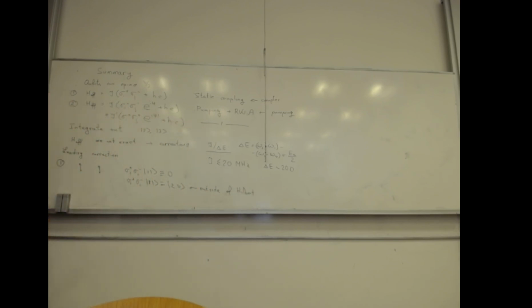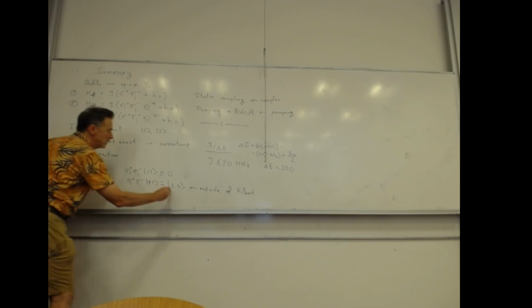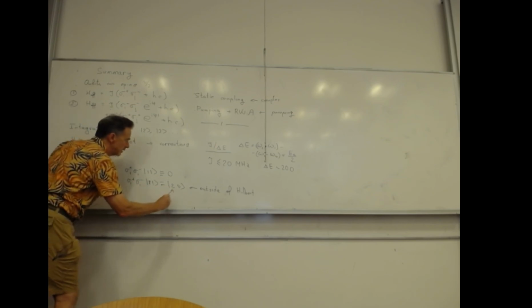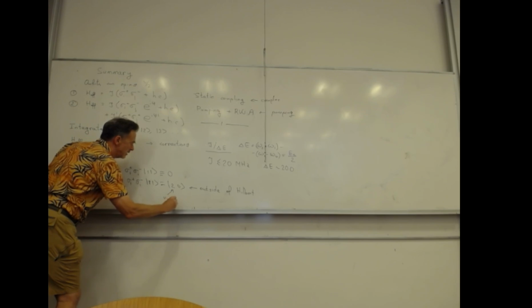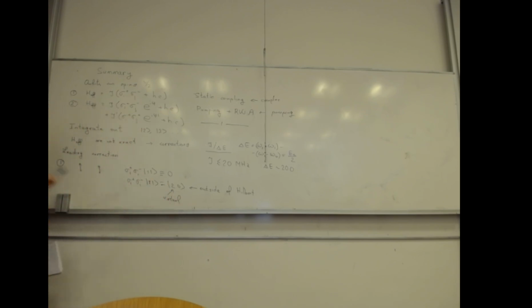But this process exists. What does it lead to? We can imagine a virtual process that goes to this state and then back, so that it returns to the same Hilbert space.